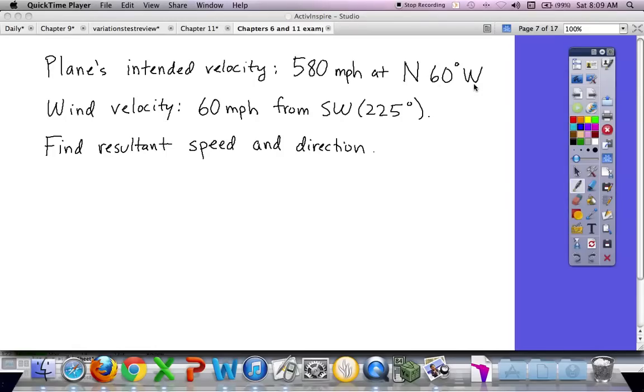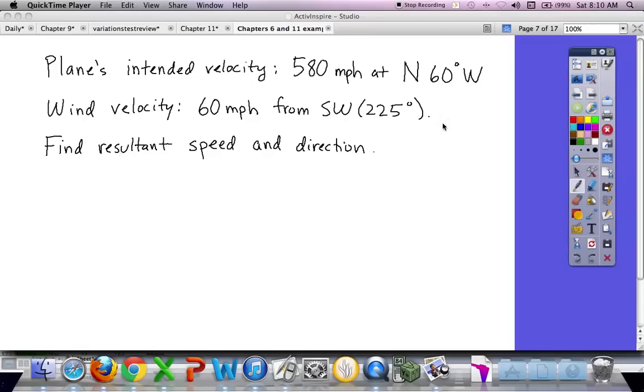It encounters a wind which has its own velocity, 60 miles per hour from the southwest, which, they didn't say it in the problem, but southwest, you could figure, right in the middle of quadrant 3, that means the wind is coming from 225 degrees. And we want to add these two vectors up and figure out the wind speed and direction of the actual speed of the plane.